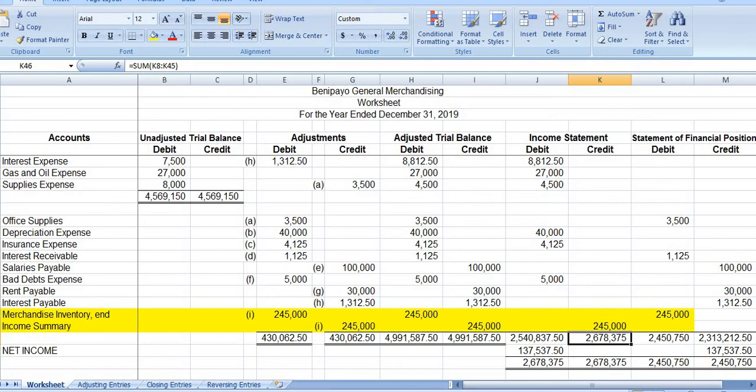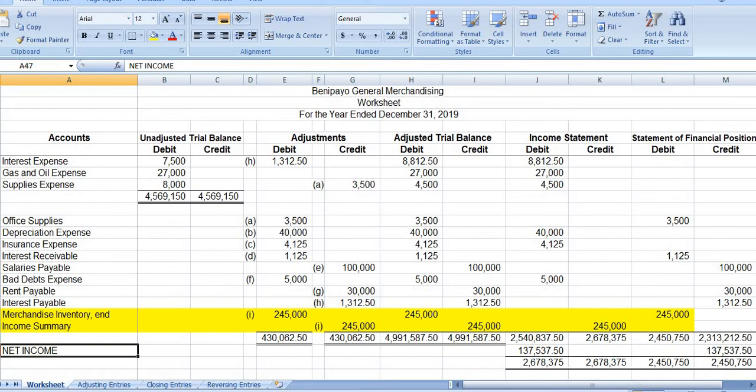There is net income. And the net income amounts to this 137,537.50. Therefore, we must label this row as net income.